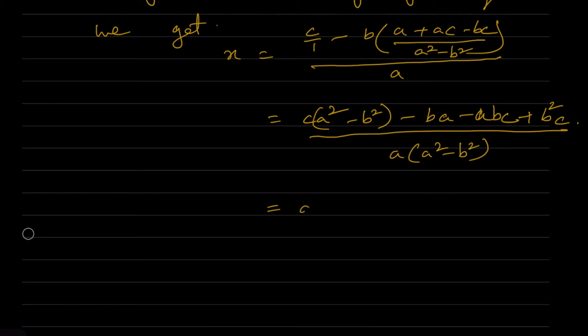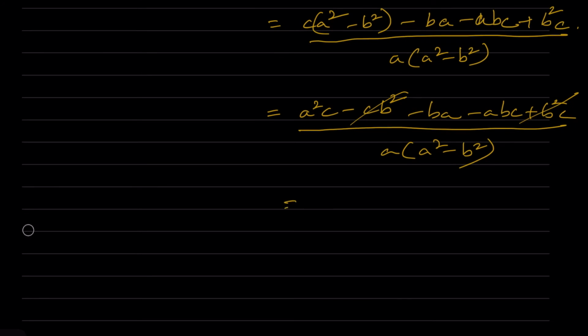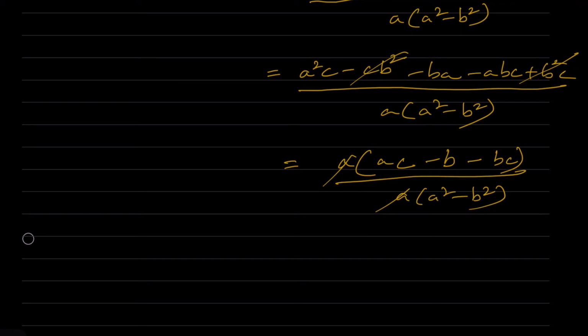So now if you take c inside, ca square minus cb square minus ba minus abc plus b square c by a into a square minus b square. So you can cancel out these terms. So it is a into ac minus b minus bc by a into a square minus b square. So we can cancel out a in the numerator and the denominator. So therefore we get x is equal to ac minus b minus bc by a square minus b square.